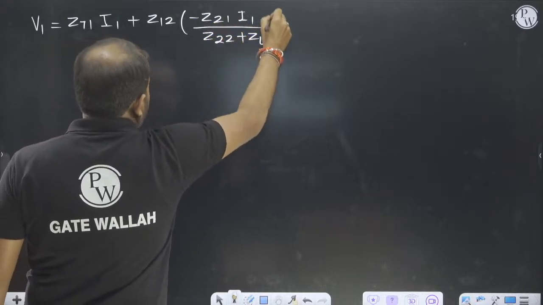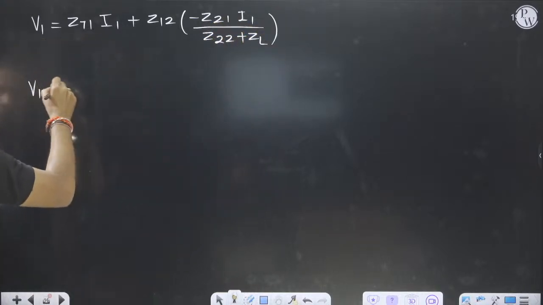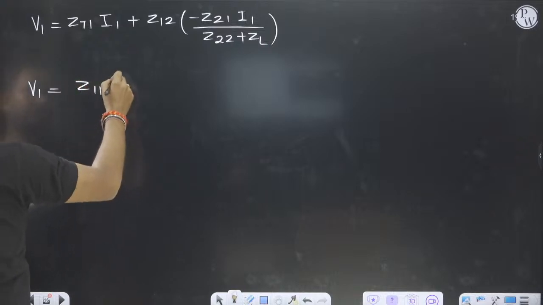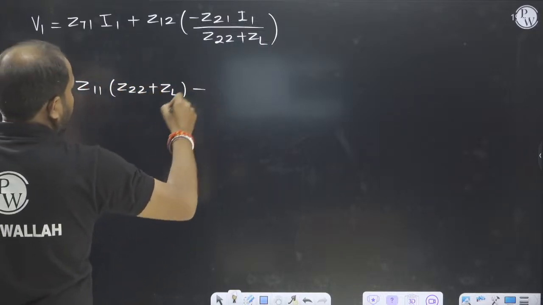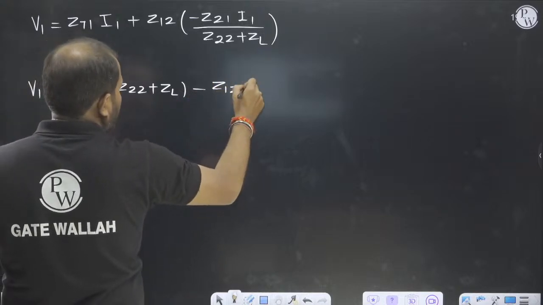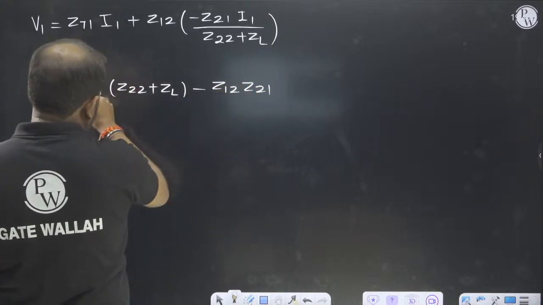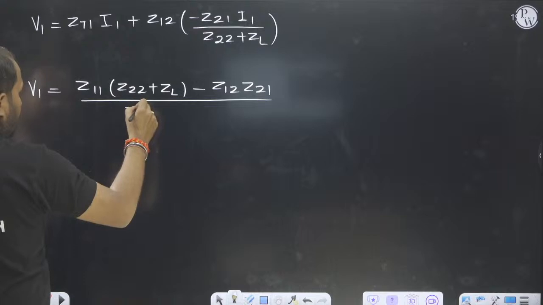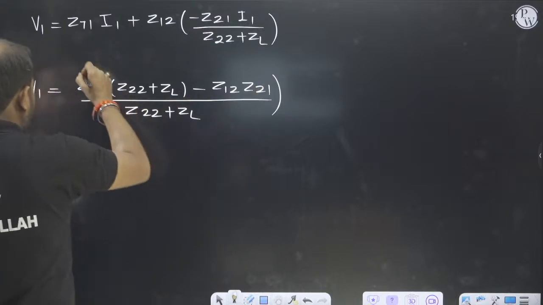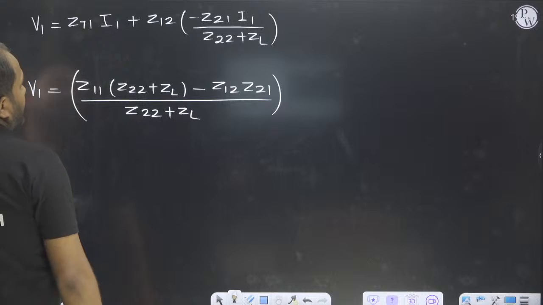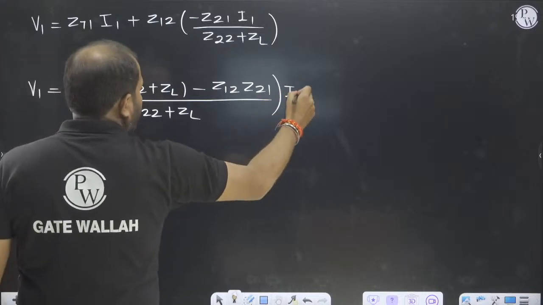So you will get V1 is equal to Z11 Z22 plus Z11 ZL minus Z12 Z21 divided by Z22 plus ZL, into I1.